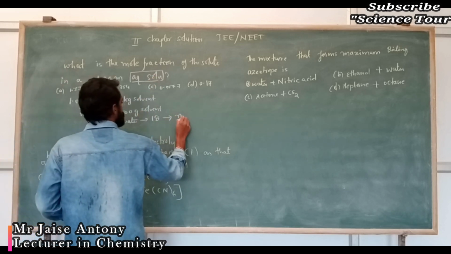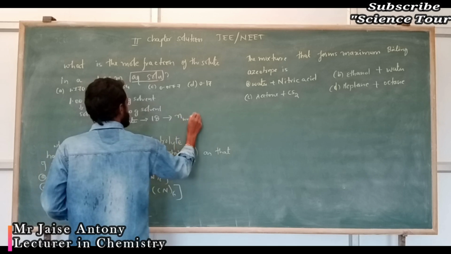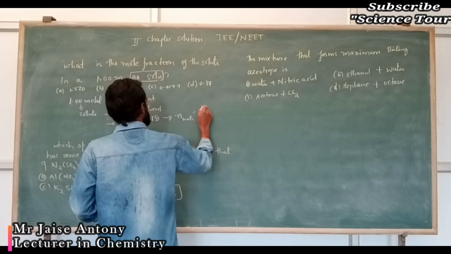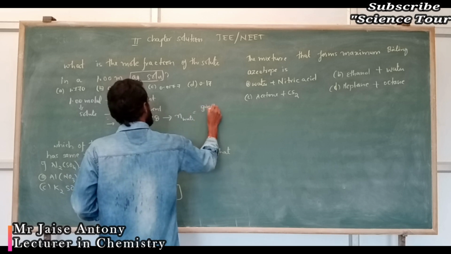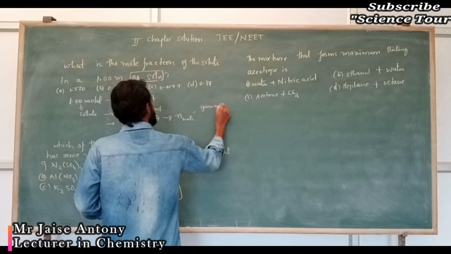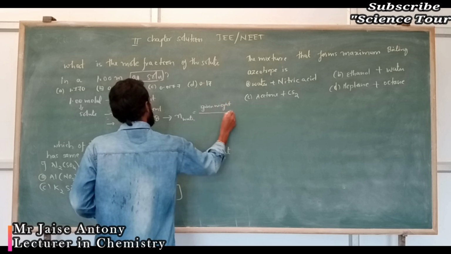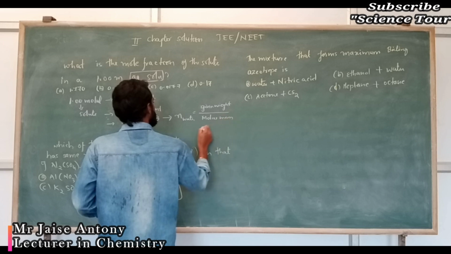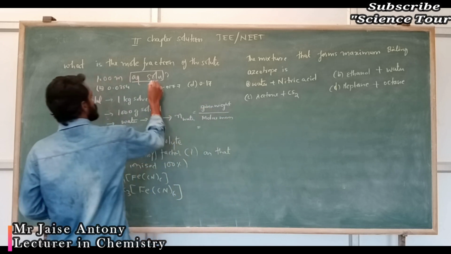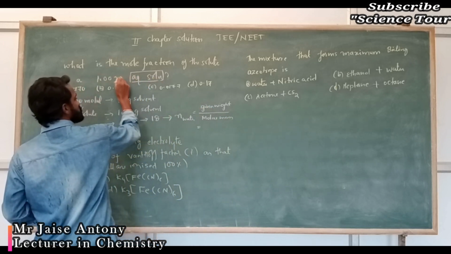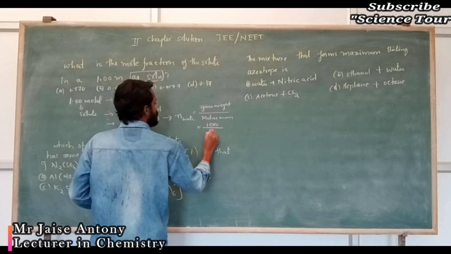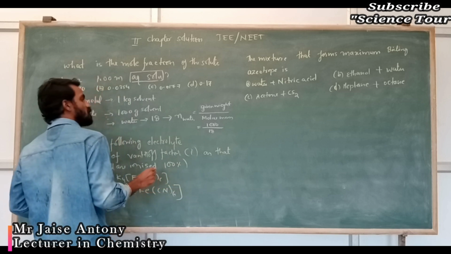Number of moles of water is nothing but given weight divided by molar mass. The given weight is 1000 gram, divided by 18, the molecular mass of water.